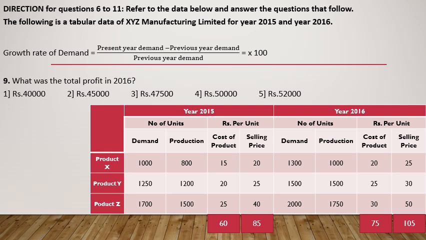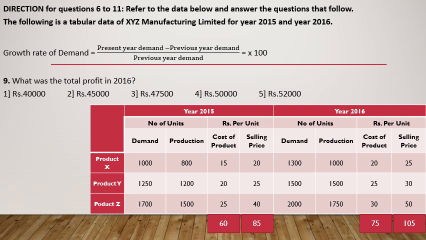Production and cost of production will give us the total cost price, and production multiplied by selling price will give us the total selling price. So first of all, we check the total cost price. This will be simply 20 multiplied by 1000 plus 25 multiplied by 1500 plus 30 multiplied by 1750.